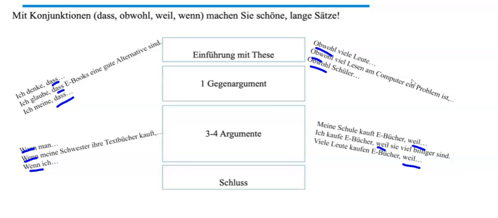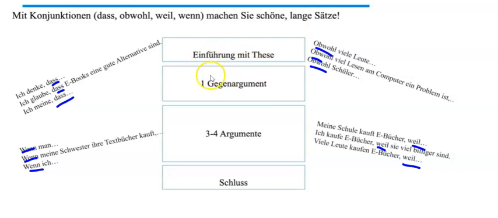Make sure you're showing off that you can write longer German sentences. Obwohl, although many people, those are great sentences to include in your Gegenargument. And then, of course, always, weil, because is always a great subordinating conjunction. So we have to watch our word order on those. So think about dass, obwohl, weil, when you're looking at persuasive essays.